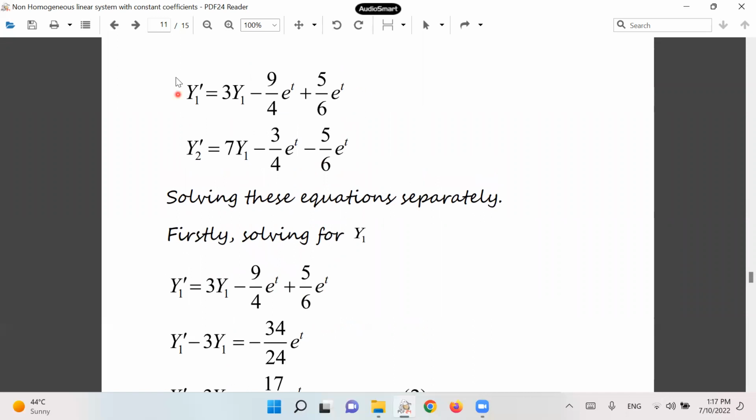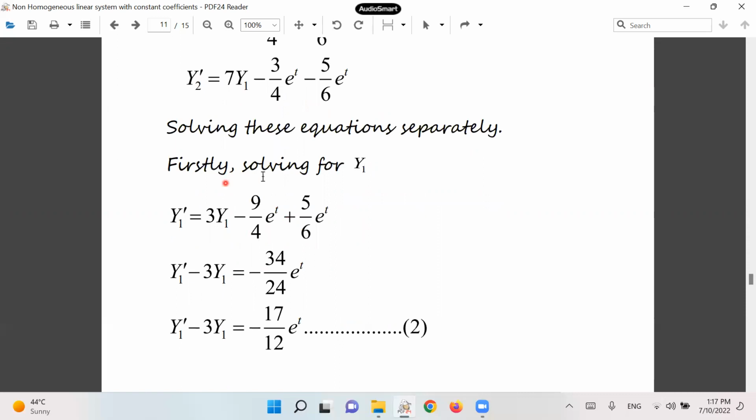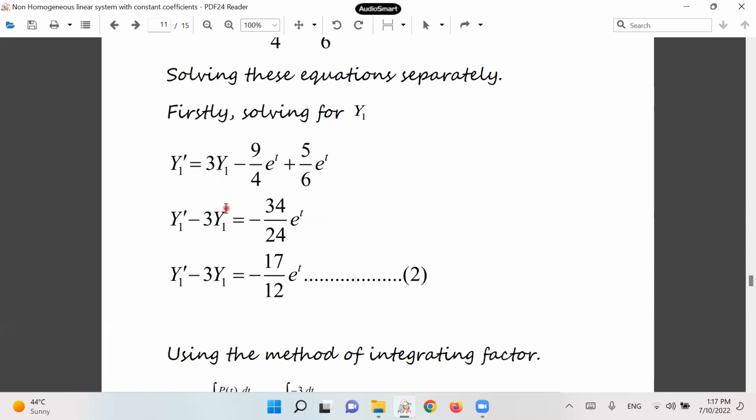Like first, we will solve this first equation, y1 dash equals to 3y1 minus 9 over 4 e power t plus 5 over 6 into e power t. Firstly, we will solve for y1. So we write down the equation and we take this y1 term on the left hand side, and on this side we will keep minus 34 over 24. How we get this?